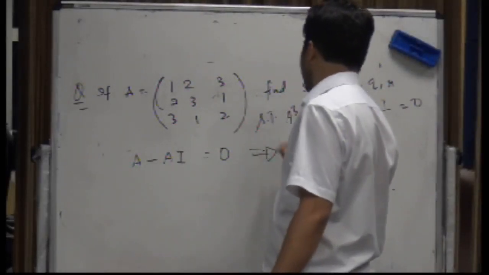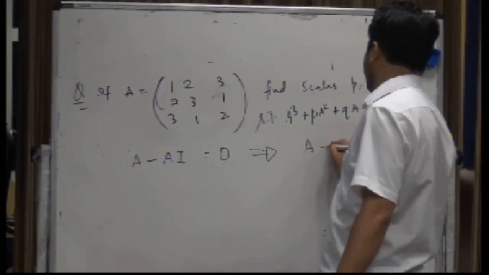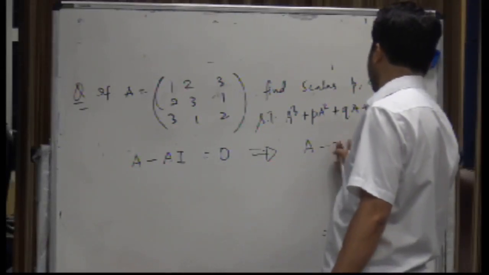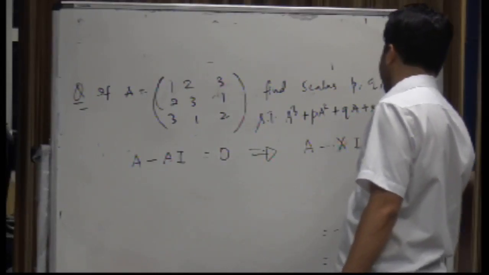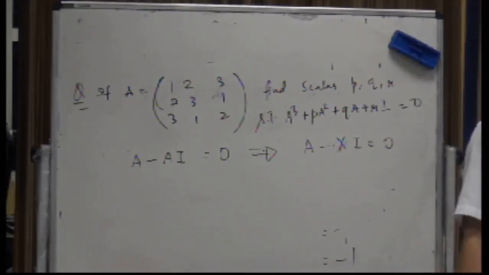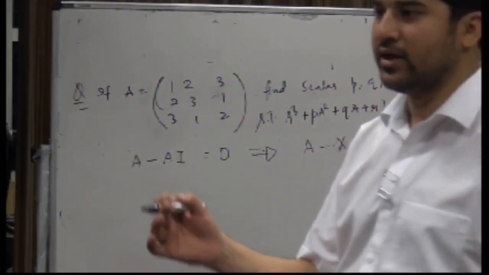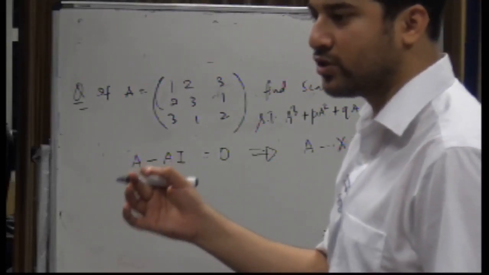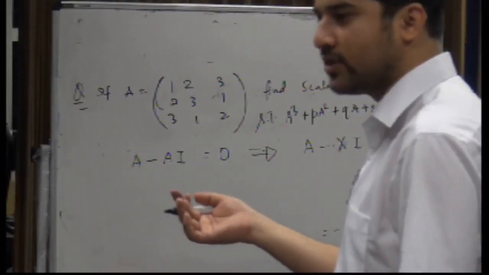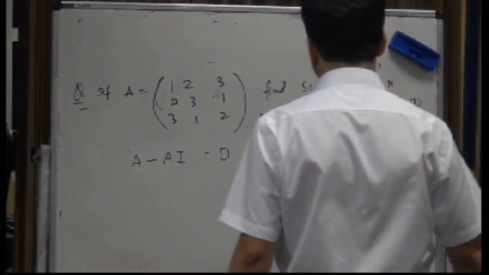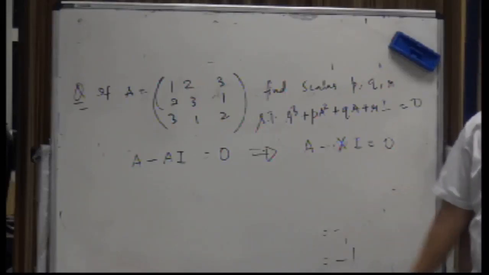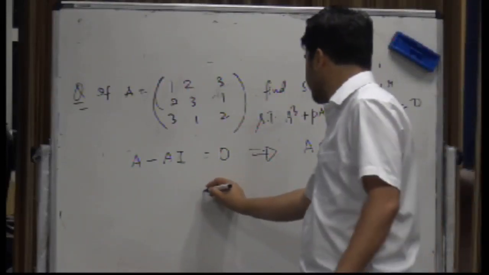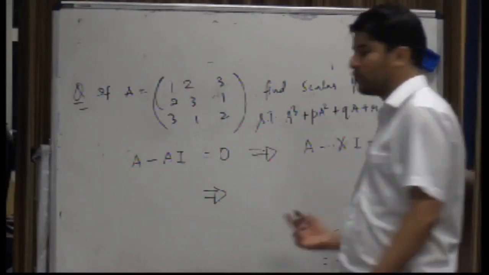So I hope everybody understands what is the solution of this matrix. What will be the x? It's a simple question. x minus 3, what is the solution? 3. x minus 3 is equal to 0, the solution is 3. So simple. What will be the solution of this? A. And when we take the det on both sides, what will the det be?